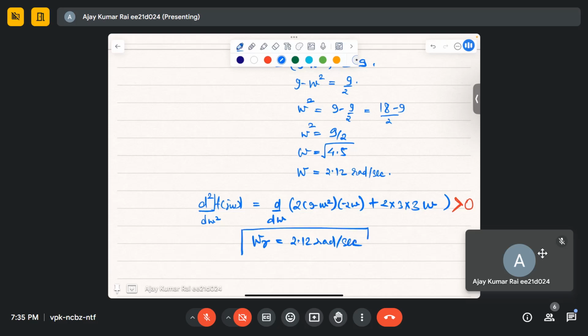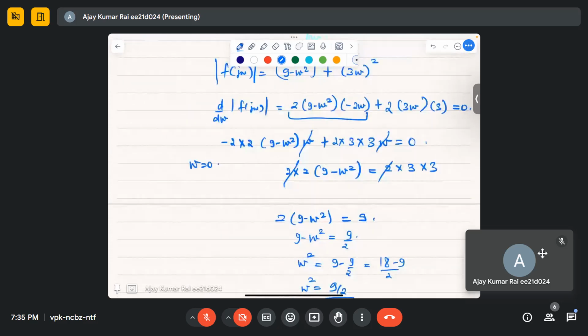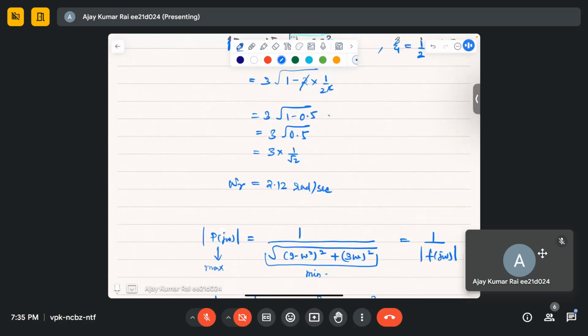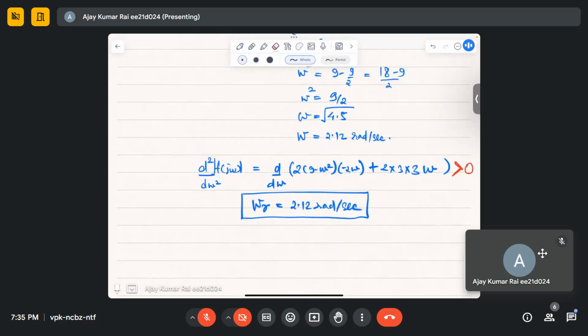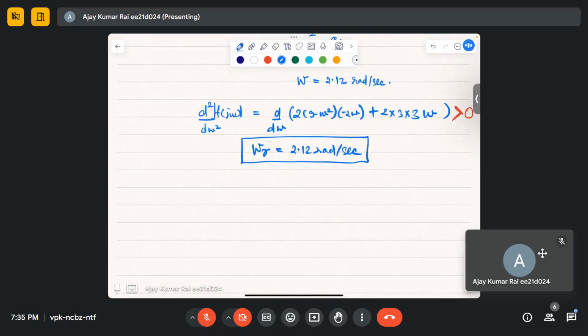Okay, so we have seen the procedure in the lecture also. And we got to this value, and what is the peak value if you want to find out? So we are finding this at omega equal to omega r.